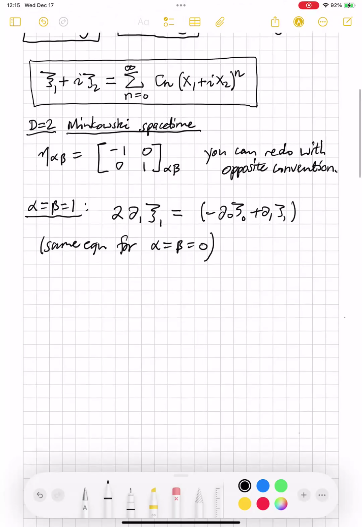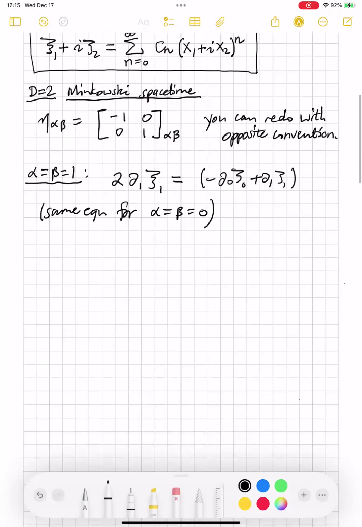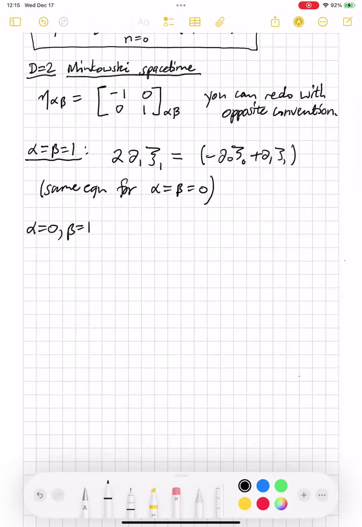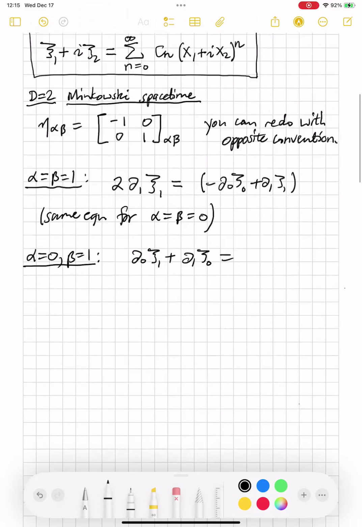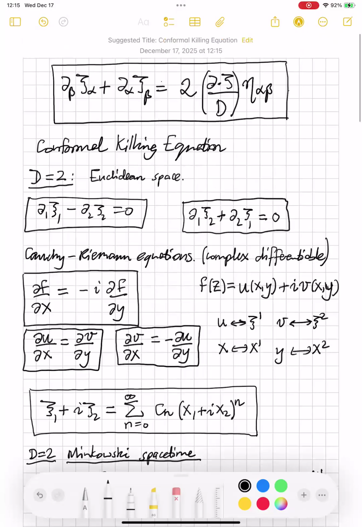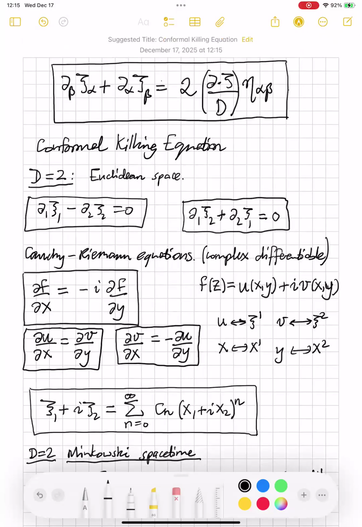Now let's take a look at alpha is equal to naught and beta is equal to 1. In this situation, we get d naught zeta 1 plus d1 zeta naught. So I've just plugged in the alpha and the beta onto the left-hand side. Then on the right-hand side, we've got an eta naught 1. That's an off-diagonal component of the metric. It vanishes.